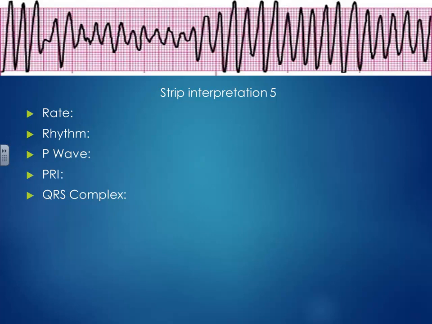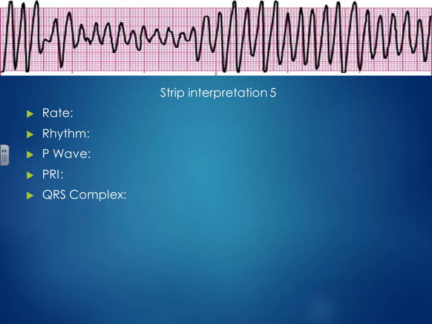All right. Magnesium. Rate not really discernible. Rhythm irregular. No P wave, no PRI, QRS bizarre, right? What differentiates this from seeing coarse V-fib? You see it twisting, torsades, twisting at the point, but it's organized.